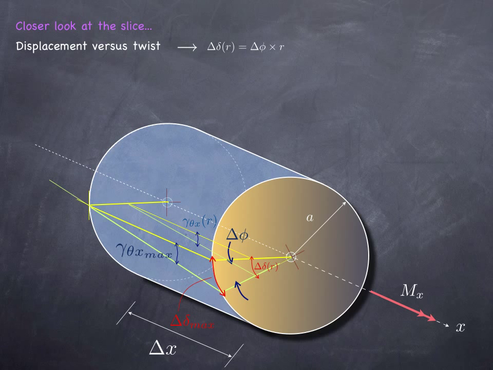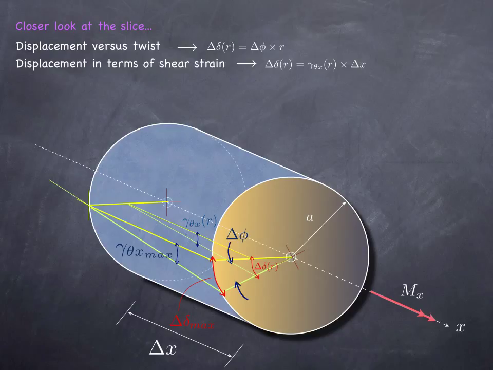But I can also sample that same distance by looking at another angle, the gamma angle, and if I multiply that gamma angle with delta x, the length of the segment, I will have obtained the same delta delta of r. And of course, from the first expression, I can evaluate the delta delta at r equals a.